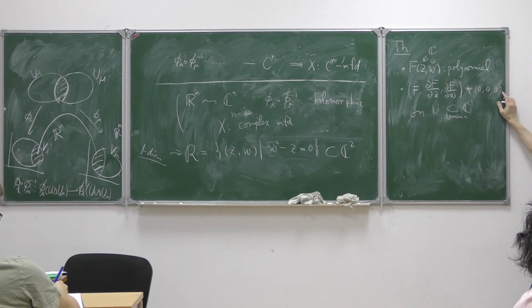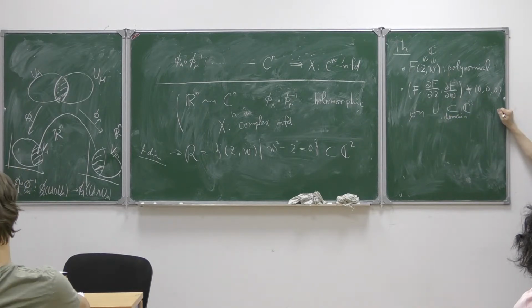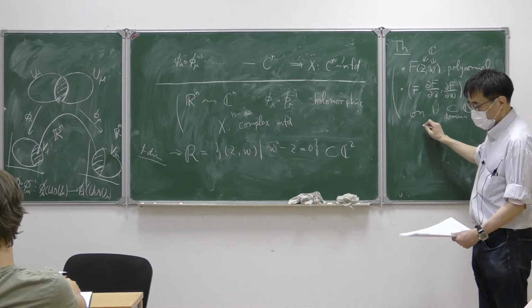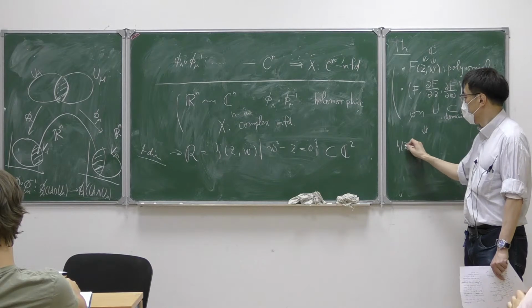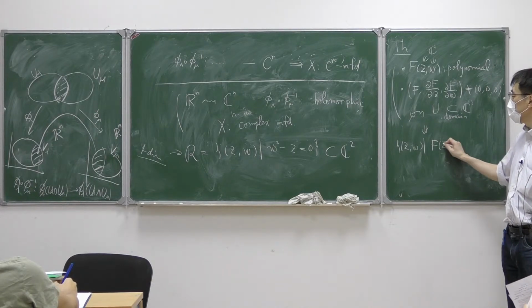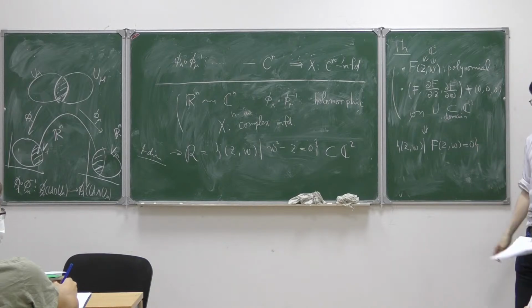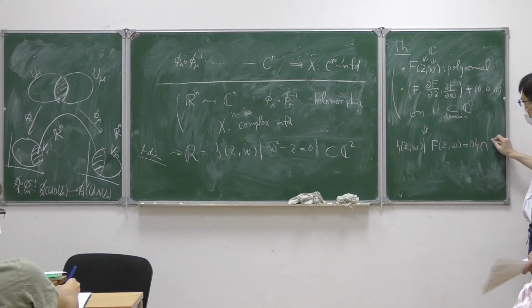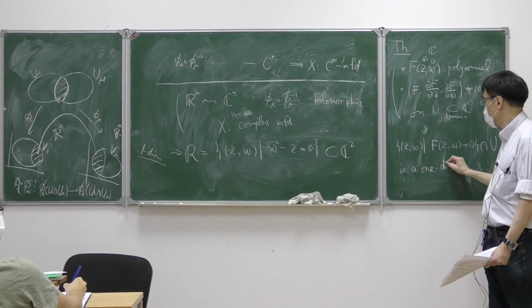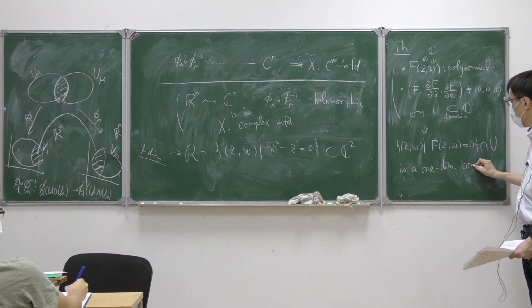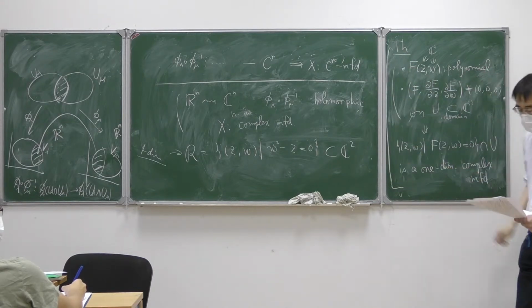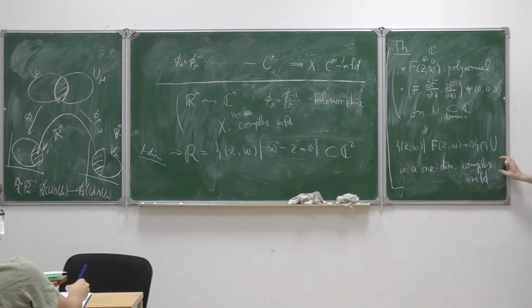Let's assume these conditions. Then the set of solutions of this equation on U, I mean, becomes a one-dimensional complex manifold.